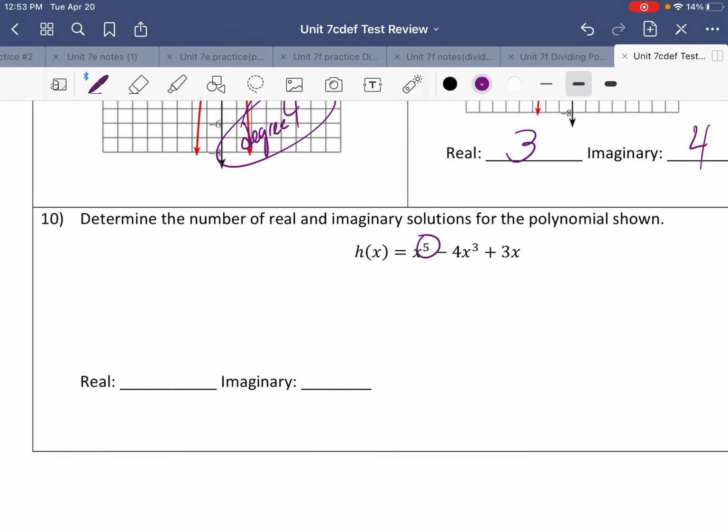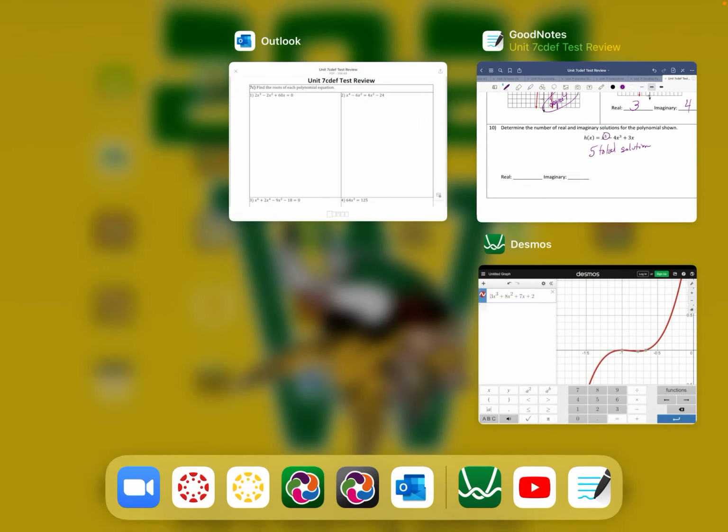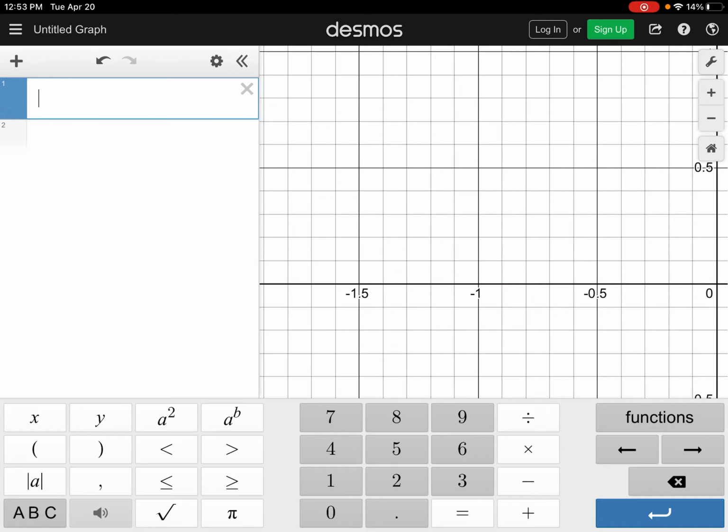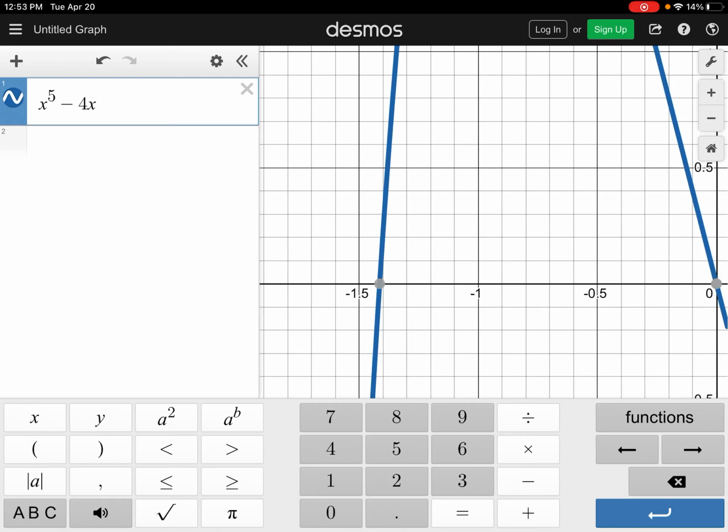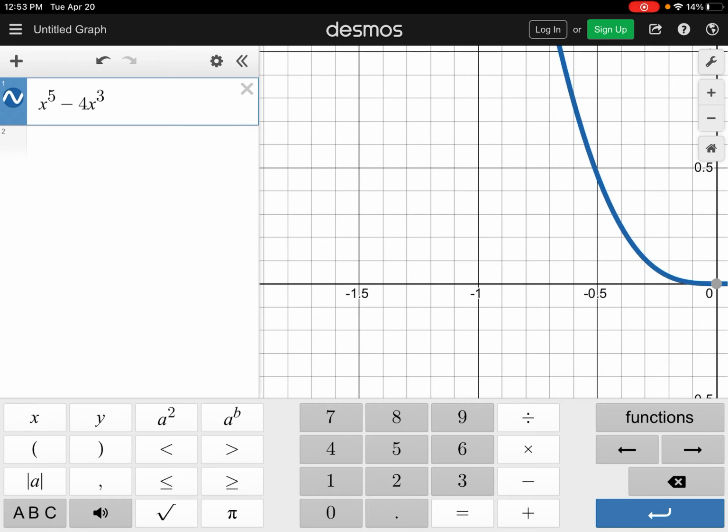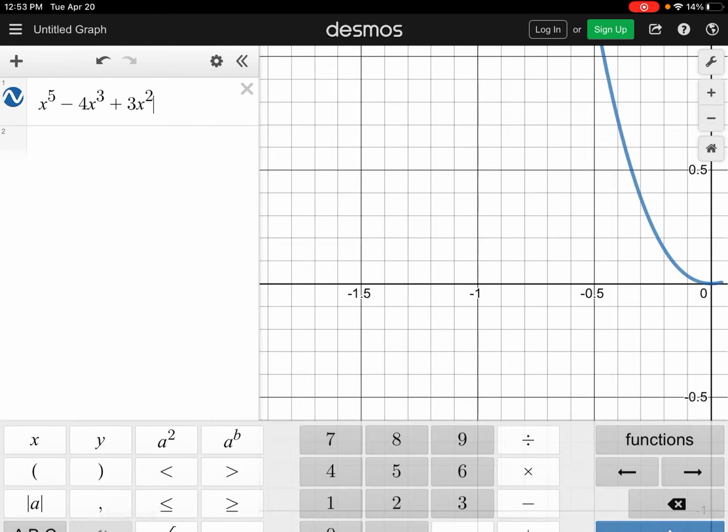All right, for number 10, it's 5 total solutions. And then we need to put this into Desmos, which I do not have prepared for you. Hold on. x to the 5th minus 4x to the 3rd plus 3x squared.